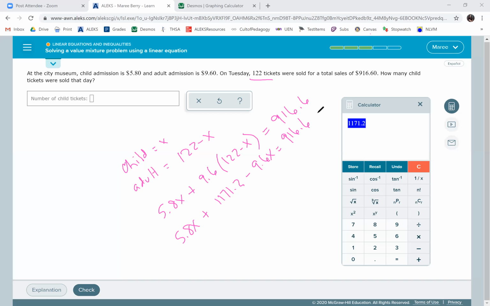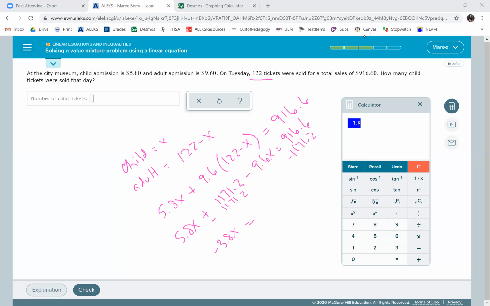That's okay. So I have to do 5.8 minus 9.6. So it's going to be a negative number, so that's okay. Negative 3.8x. And I'm going to subtract this from the other side, and that's good because it will give me a negative number. So when I divide, then I'll have a positive number.